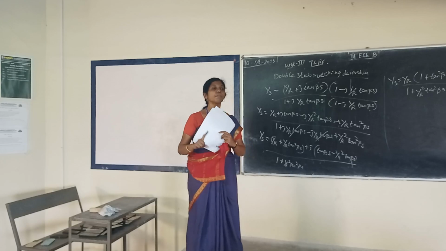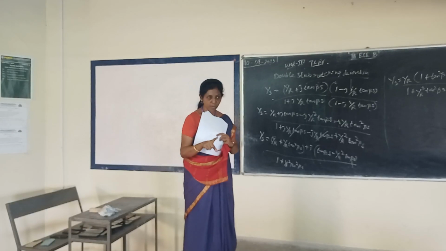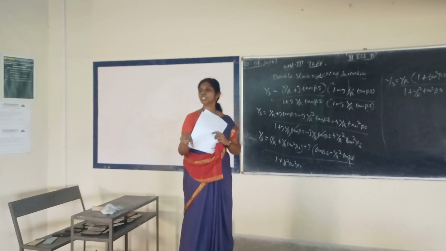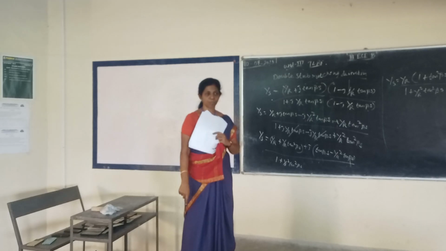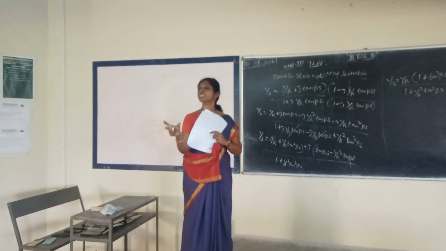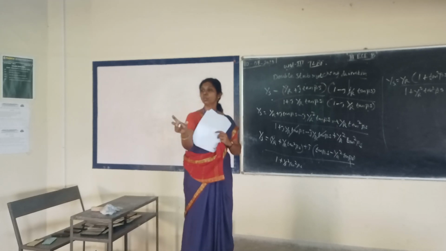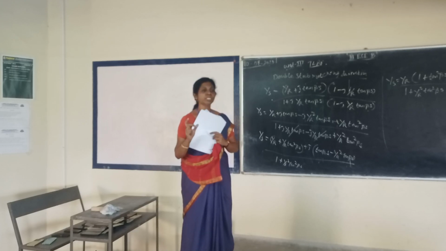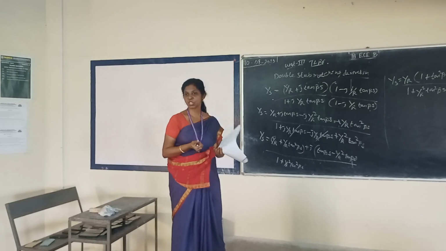So in the single stub, we are just measuring the length L1, the length L and distance D. Here we are measuring the length L1 and distance D1 and D2 and length L2. So just in the same way, we are placing two stubs parallelly, right? A stub is nothing but a transmission line.